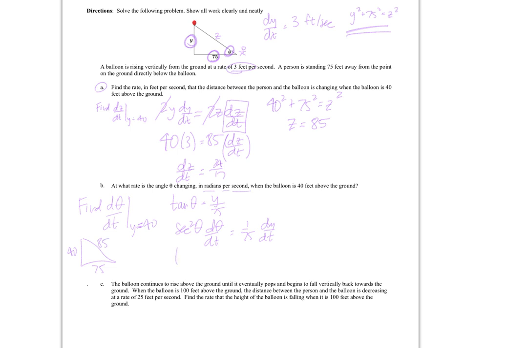Secant is 85 over 75, squared, d theta/dt equals 1 over 75, and then dy/dt, do I have that somewhere else? I think it's at the top. It's a 3.